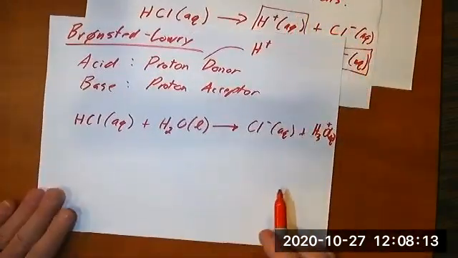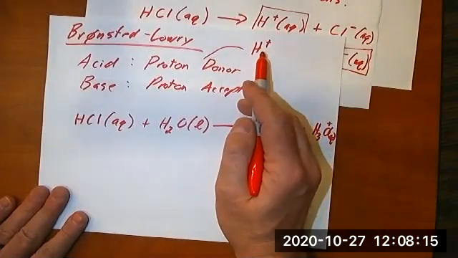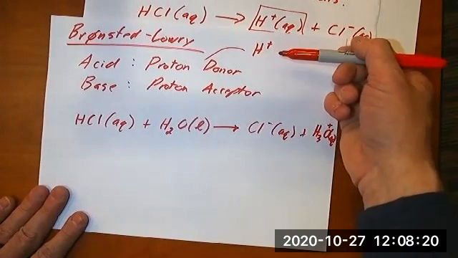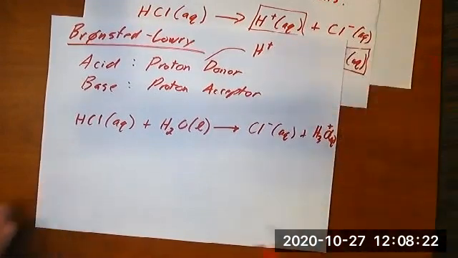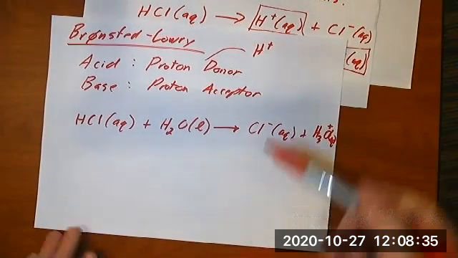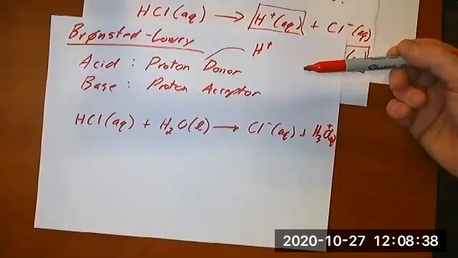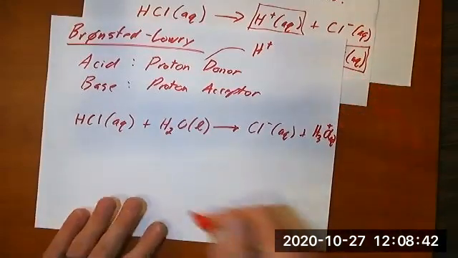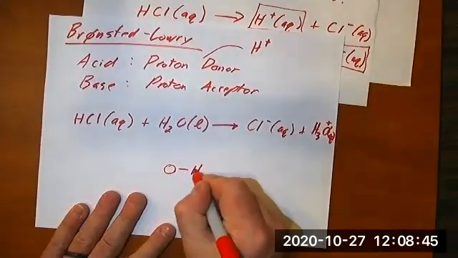The reason is that in an aqueous environment, H plus by itself doesn't really exist. An isolated proton, which is what the H plus ion is, is the most concentrated bit of positive charge you can imagine because there's no electron around it. And so the H plus ion in water is going to associate itself with a lone pair on a water molecule.